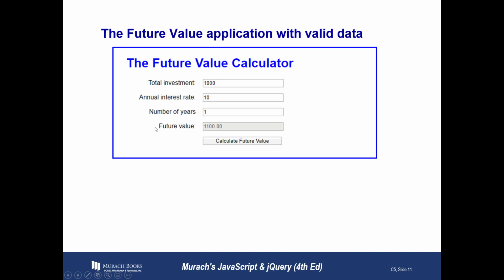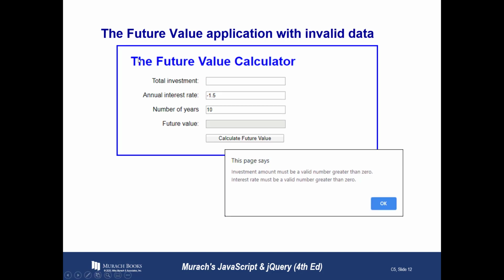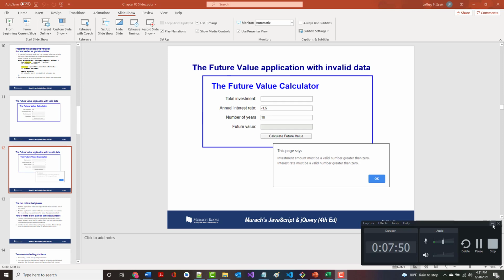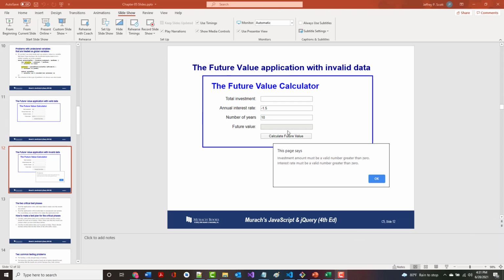So here they fixed that future value, and they fixed the error that's in there. Here is checking if you've got invalid data. What we're starting to do is kind of run the whole gamut here.